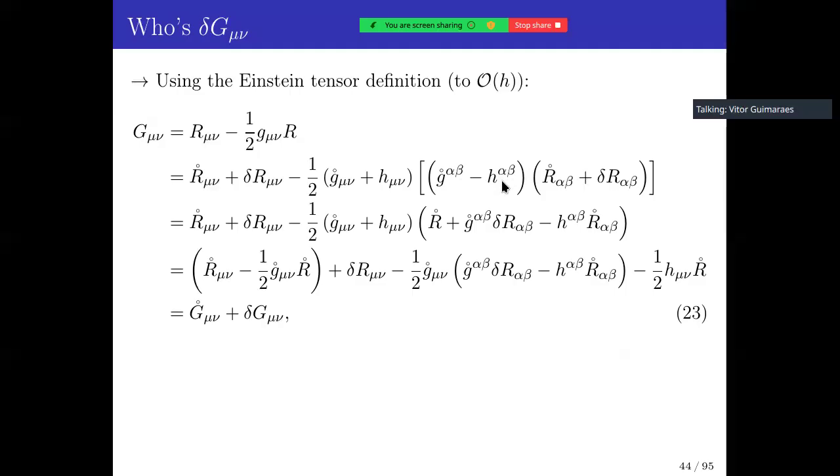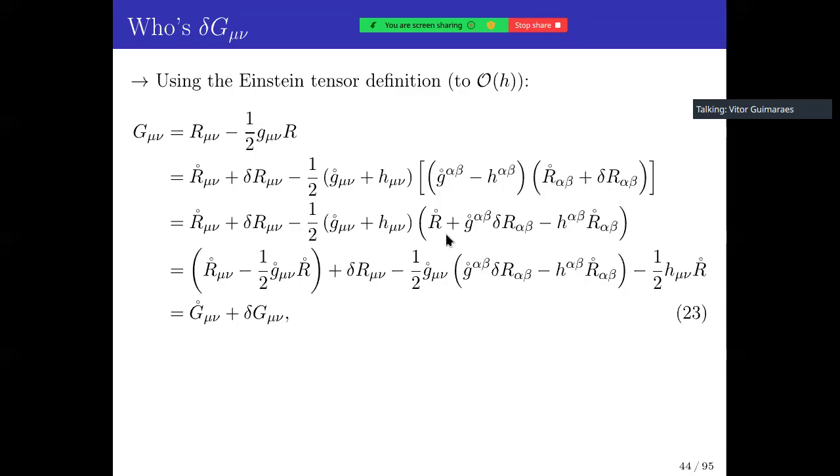But this is the perturbation, and it contains terms with derivatives of h, which means that contracting this term with this term would lead to terms of second order in h, which we will disregard, okay?